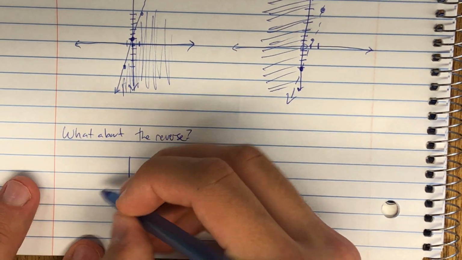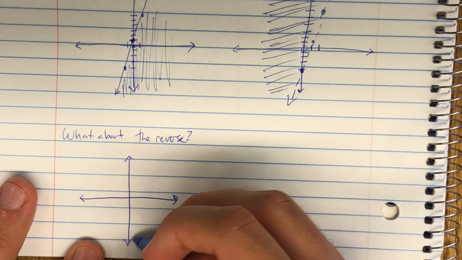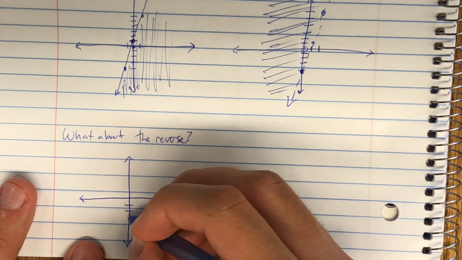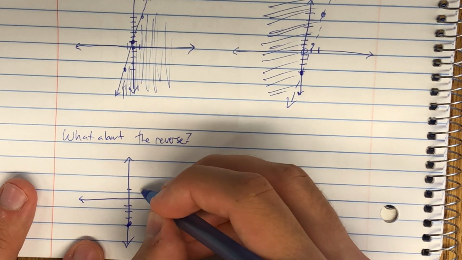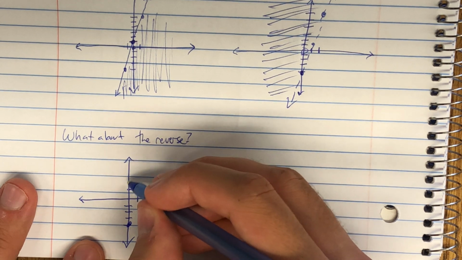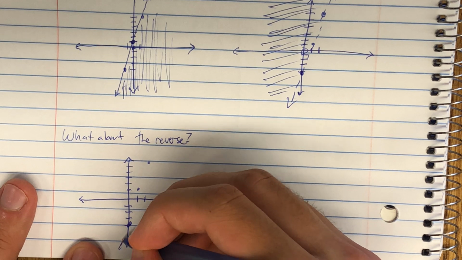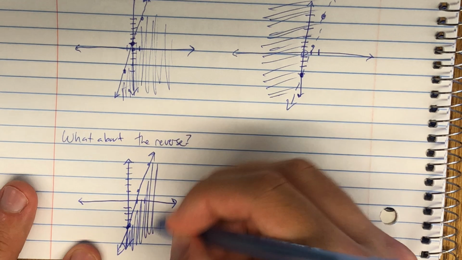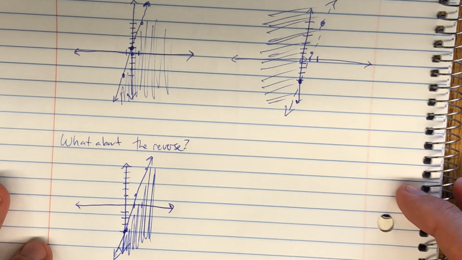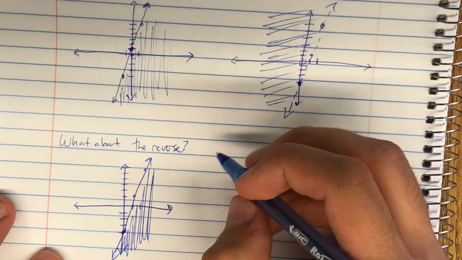So let's say I'm drawing this inequality, like so. And I want to see what that linear inequality is.